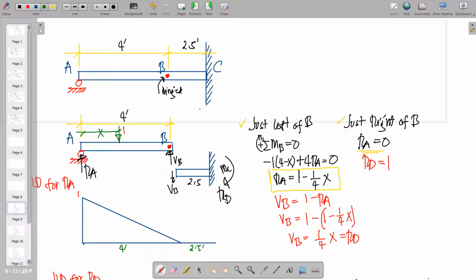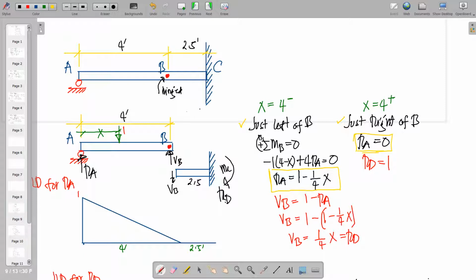By the way, the first equation is applicable to a distance that is less than 4, or 4 minus, and this one is for a distance that is greater than 4, or 4 plus. These are the two equations that will be used.